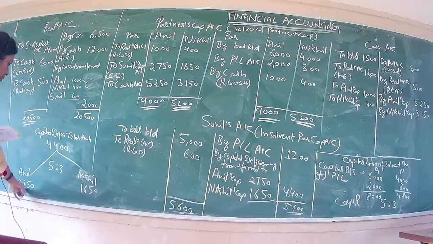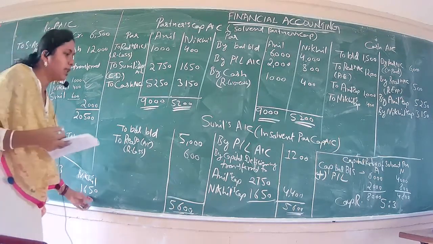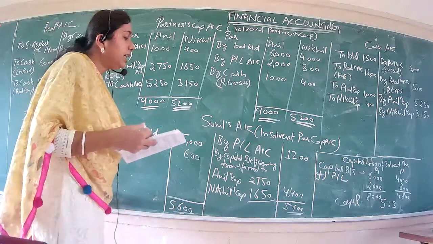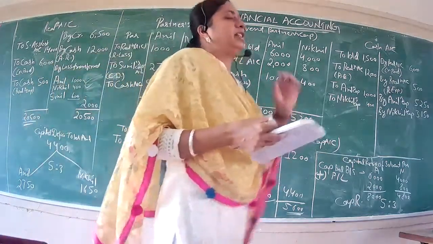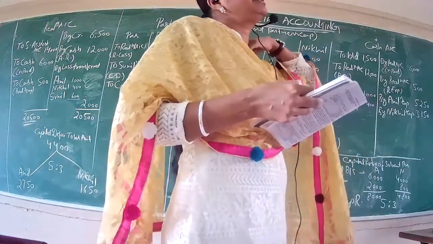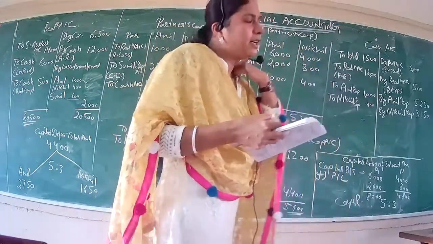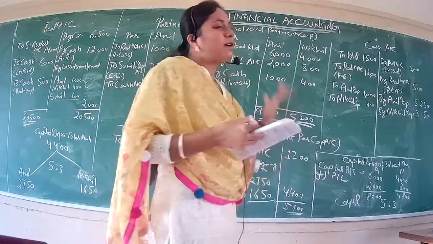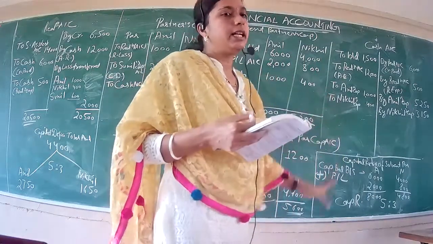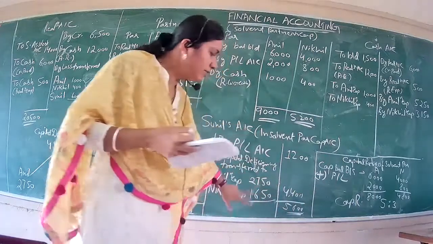So one partner got 2,750, another got 1,650. And here is your second rule of Garner versus Murray, that if the insolvent partner is not able to make good his capital deficiency, the solvent partners have to bear it in their capital ratio. That step also we have covered.